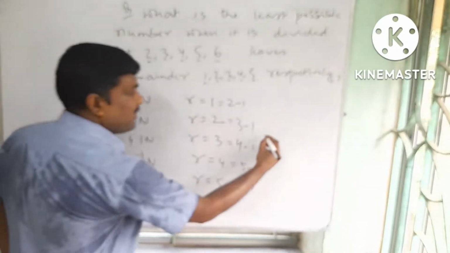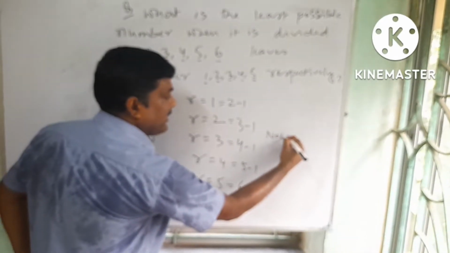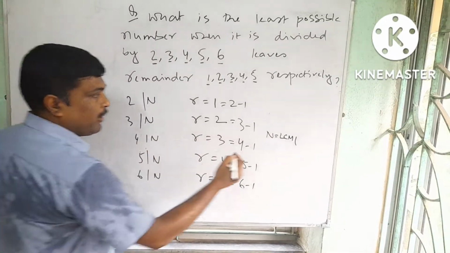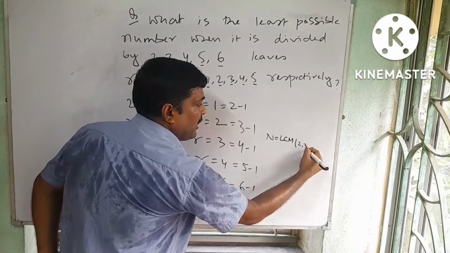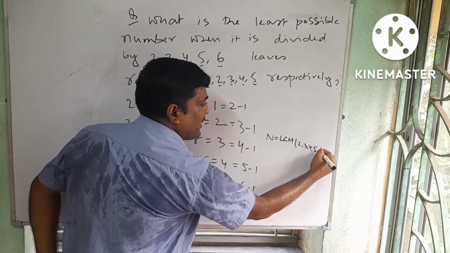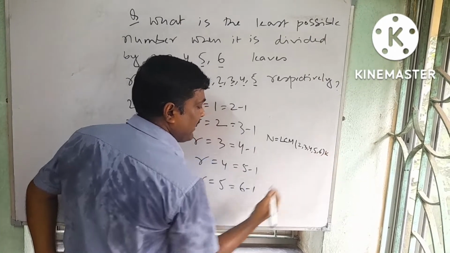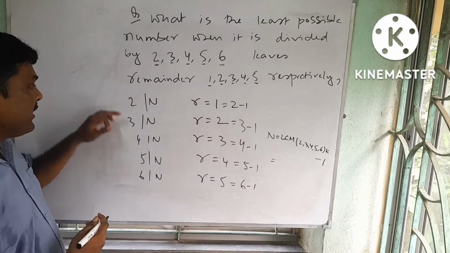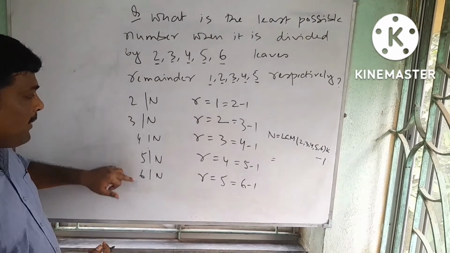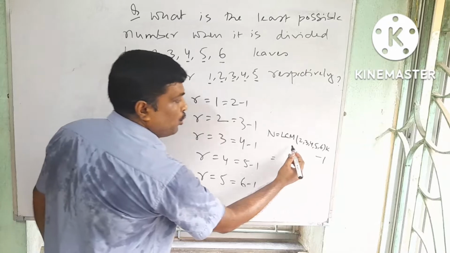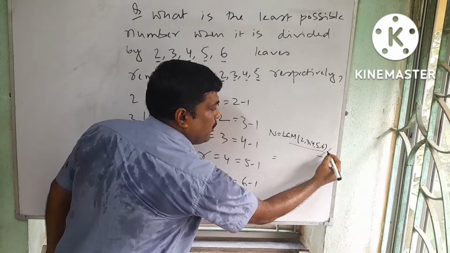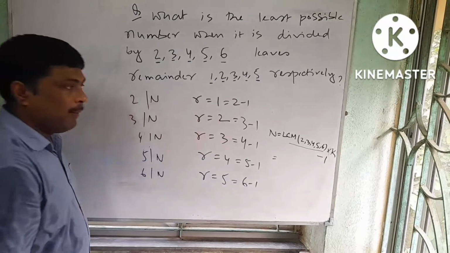So n equals LCM of 2, 3, 4, 5, 6 into some natural number k, minus 1.